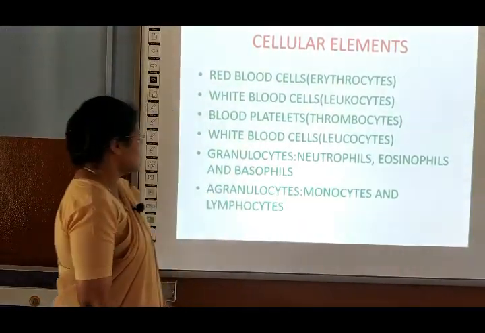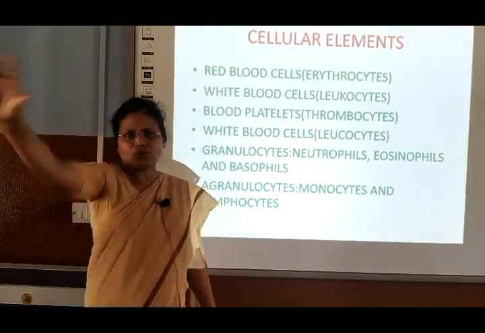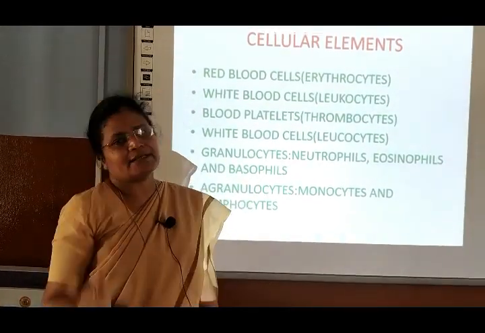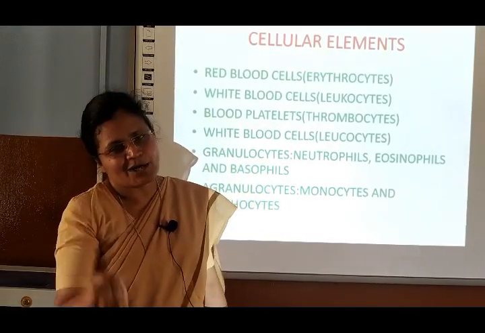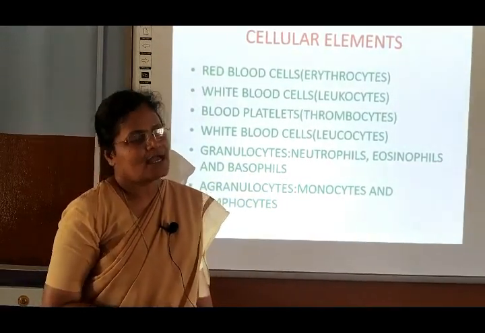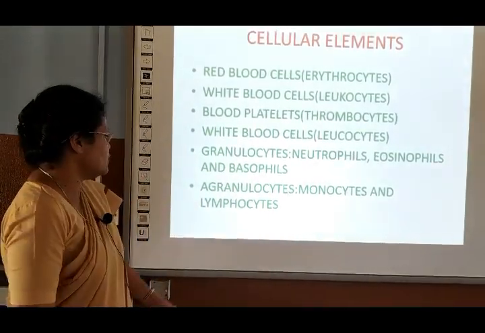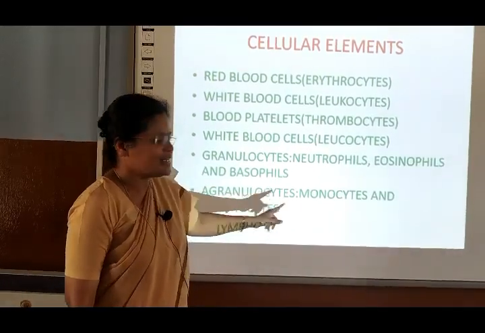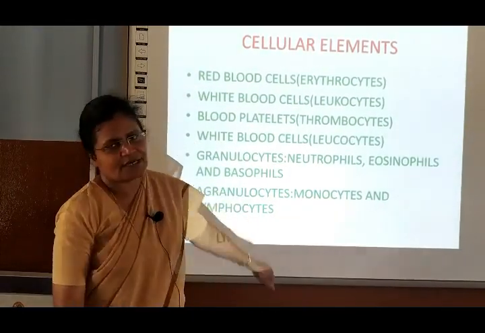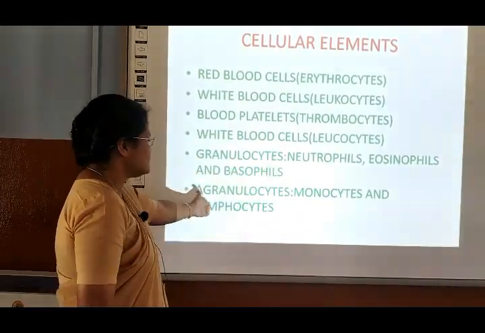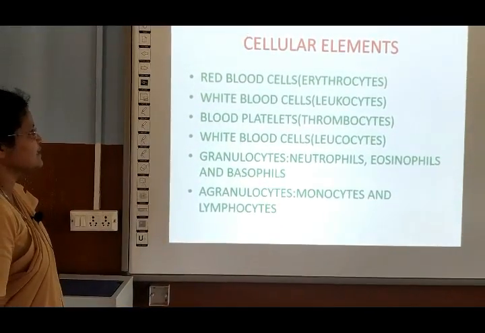It's a rhythmic word. Granulocytes have acidophils, also called eosinophils, basophils and neutrophils, and agranulocytes contain monocytes and lymphocytes. The moment you use the word agranulocytes, you will remember monocytes, and lymphocytes is a connecting word.